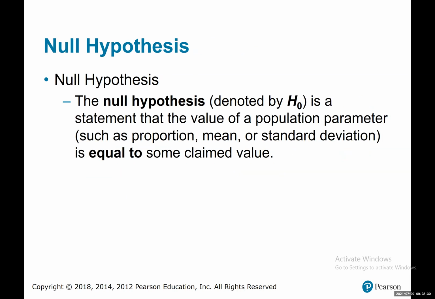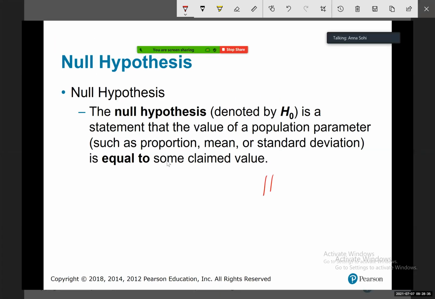In this case, the null hypothesis was P, because it's about proportion, is equal to 0.5. Alternative hypothesis is P greater than 0.5 because they said majority. So null is always equality of whatever is the alternative.